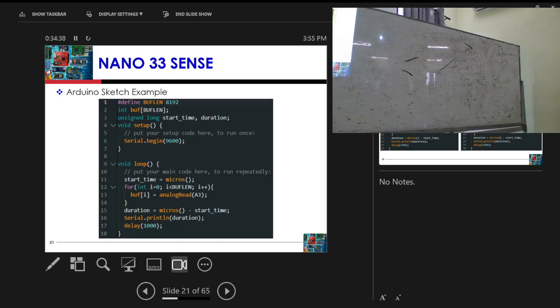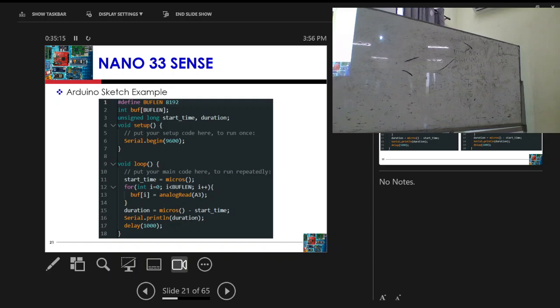Once I call the micros library to take the time and store it in start time, say the board has been running for 5 seconds, it will take that 5 second point and store it in start time. So the current time is what it stores in start time. That's why I named it start time. It is giving you a hint.